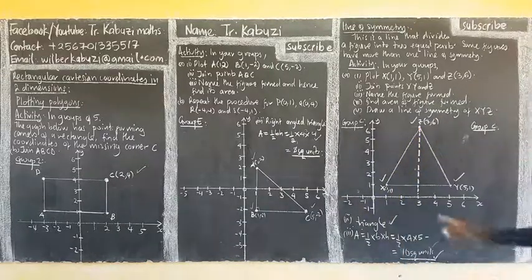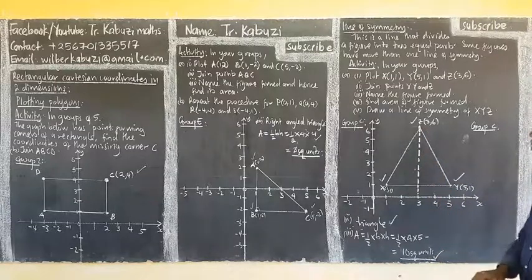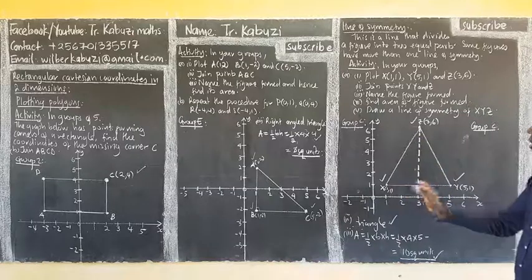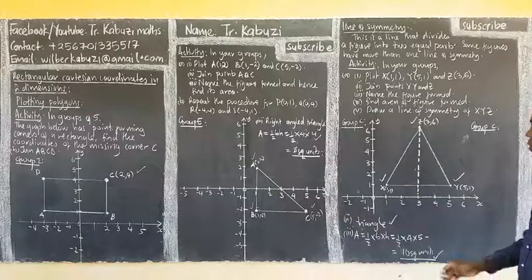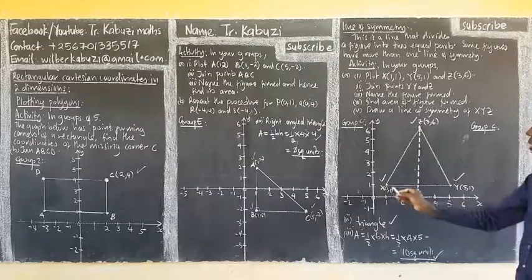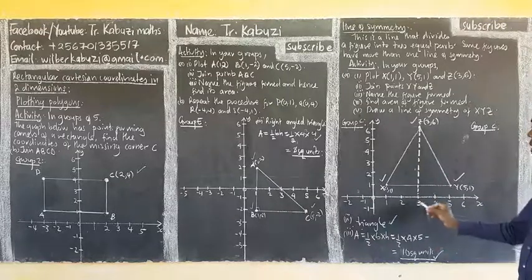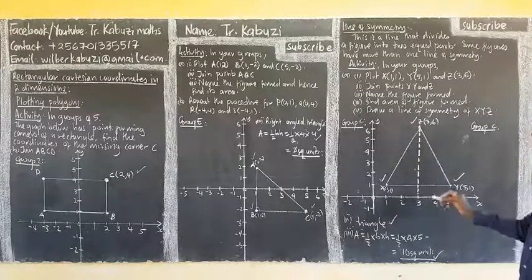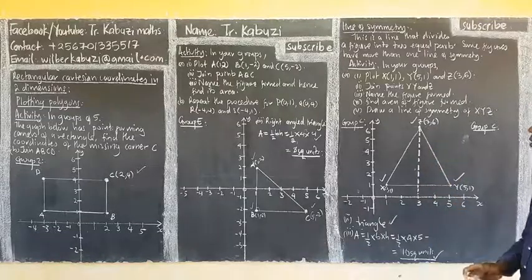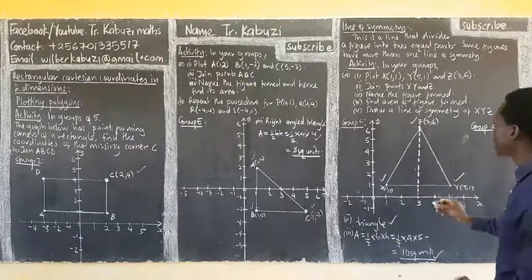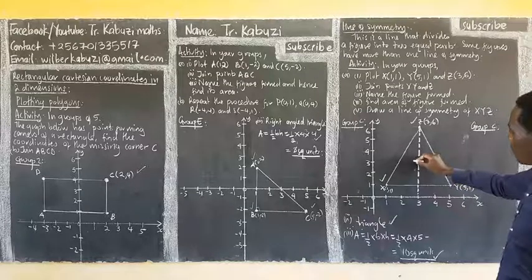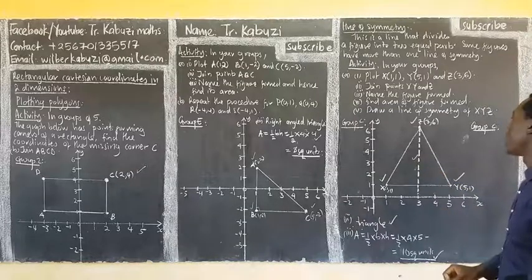Do you agree that this line is dividing this into two equal parts? Is this part equal to this part? First of all, count here and see how many units are there. Here they have 1, 2, then here you have 1, 2 units. So these are equal, and of course the height is the same. So they are very, very right. Whoever drew this, give a mark there.